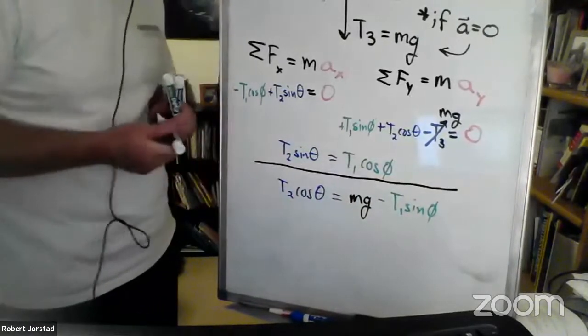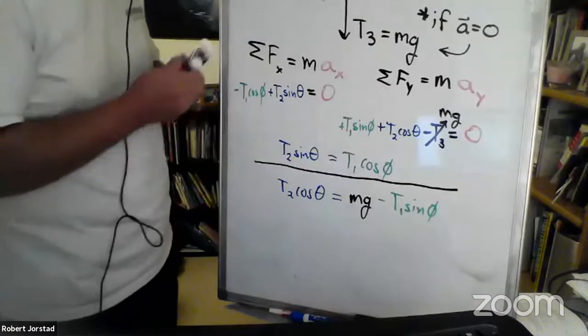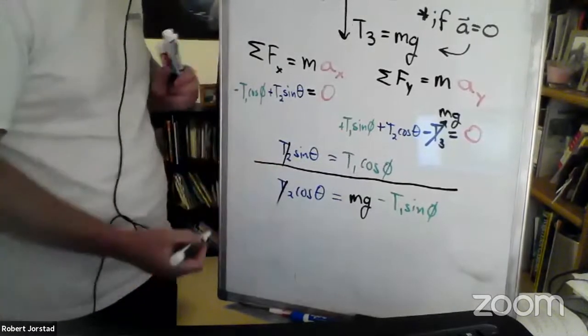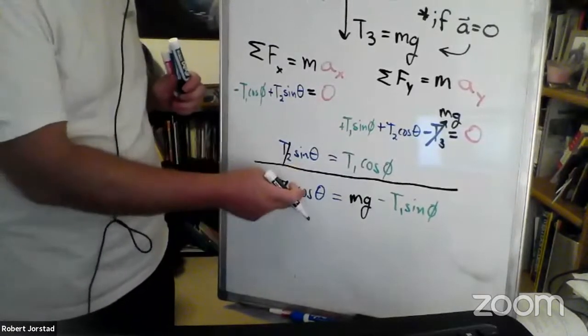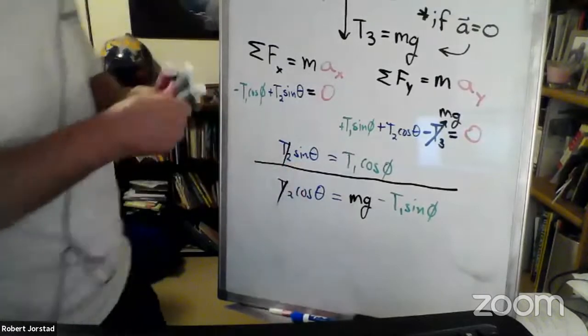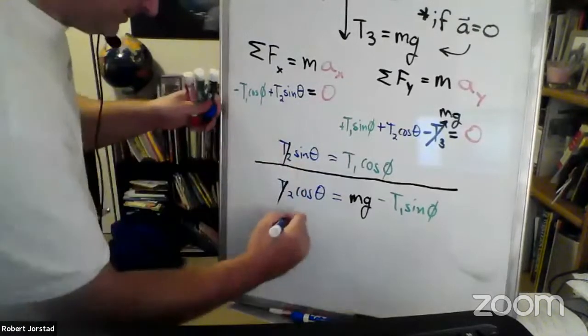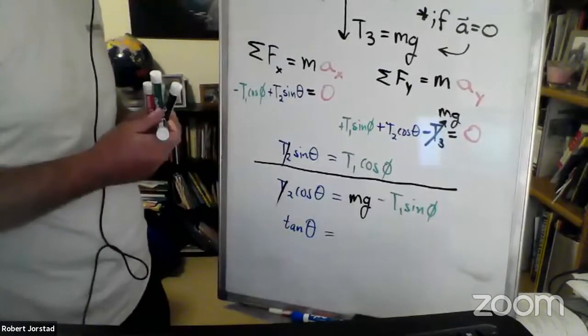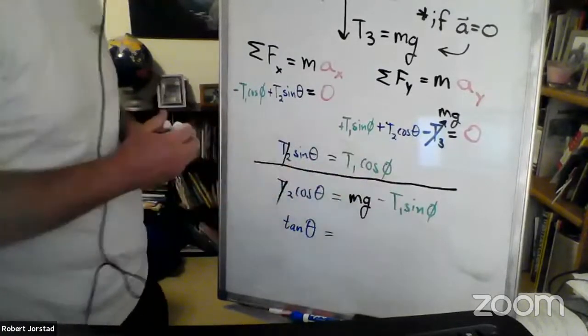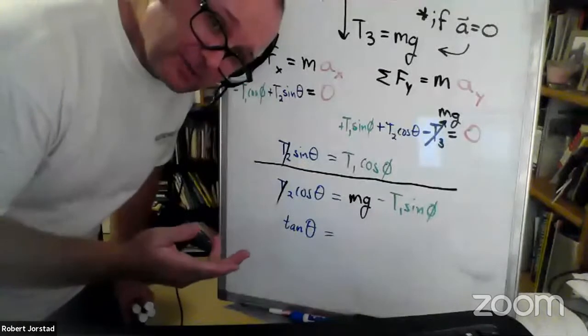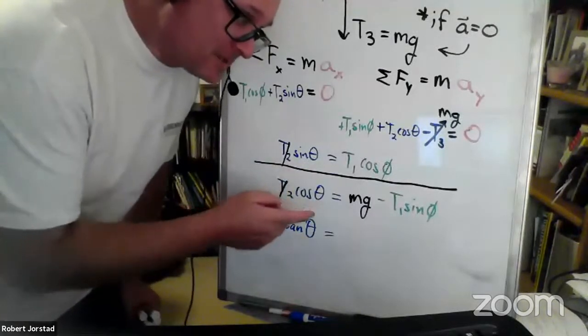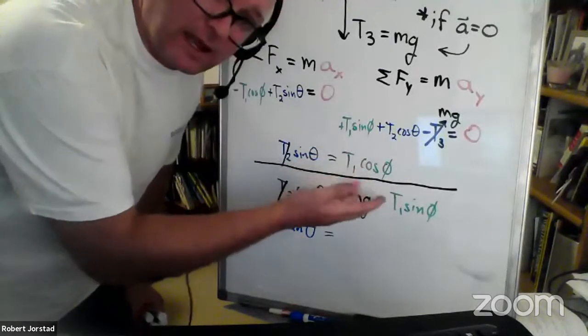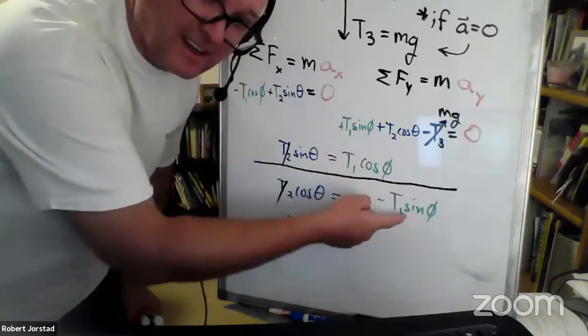At this point, you divide them out. When you do that, T2 drops out. Sine theta over cosine theta is tangent theta. Like this. And over here on this side, watch out. A lot of people say, well, wait, can't I just divide through by cosine phi and get a tangent phi on this side?